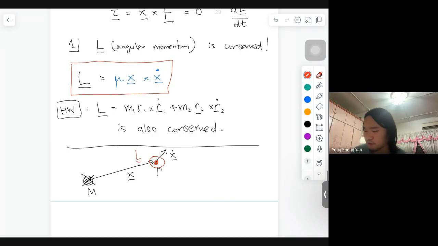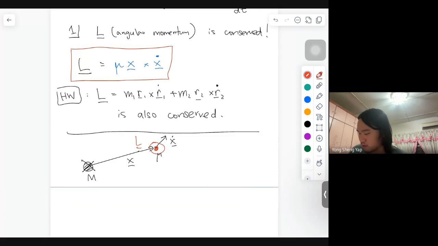If, for example, you draw the velocity as coming out of the page, then the angular momentum is always in the page.